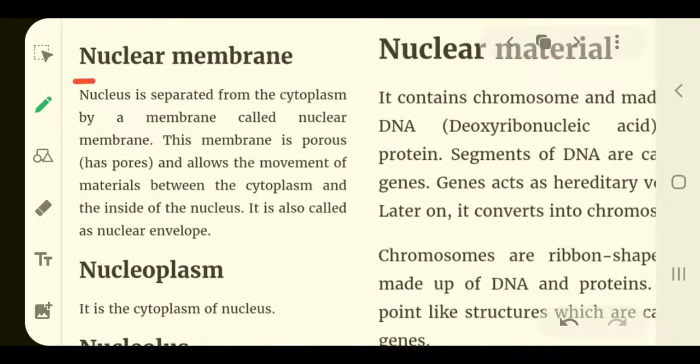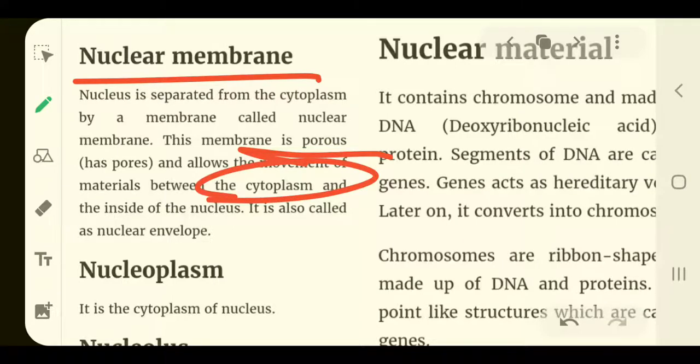As we have told you, the nuclear membrane is the outermost covering. It is porous, and it allows the movement of material between the cytoplasm and the nucleus. Whatever material wants to move in or out of the nucleus takes place through the nuclear membrane. We also call it the nuclear envelope, so it is the same term.